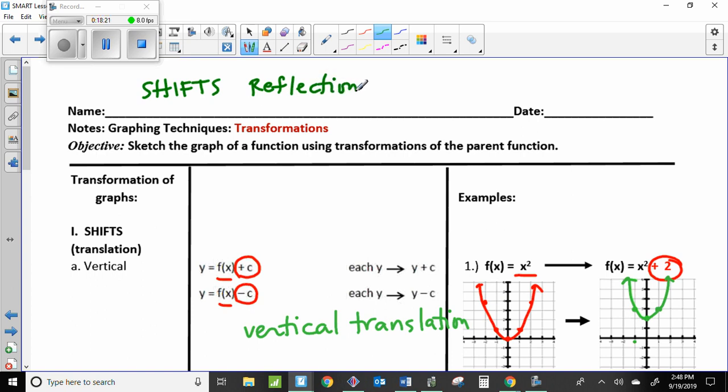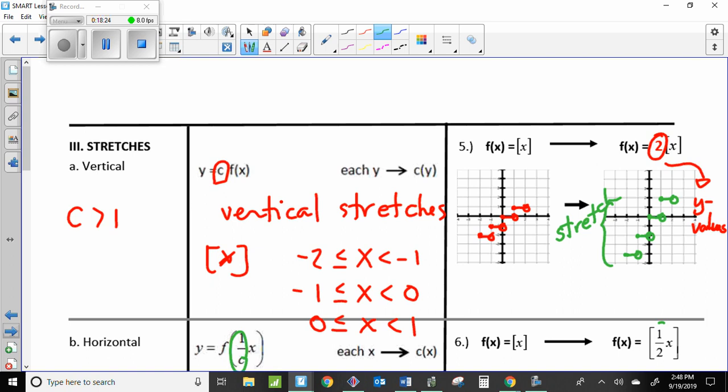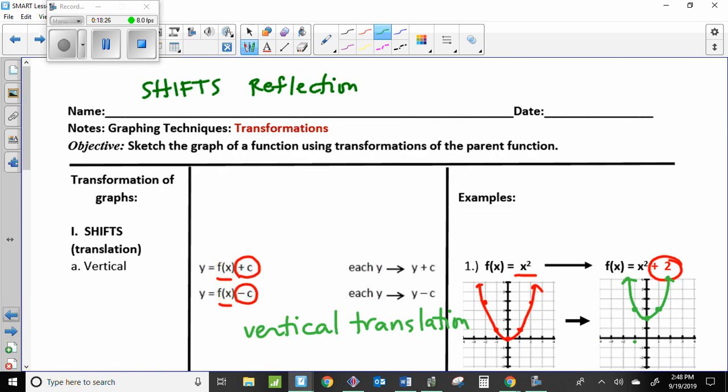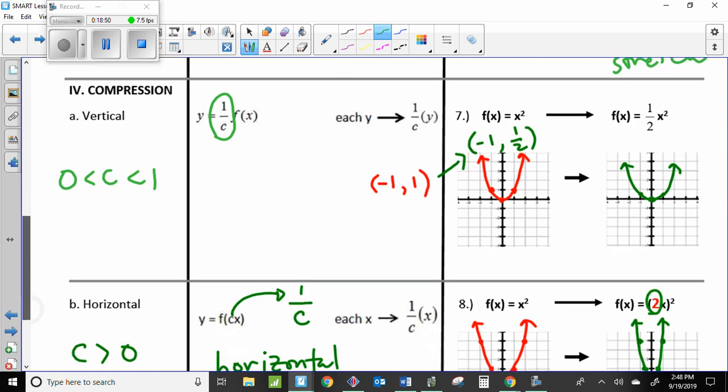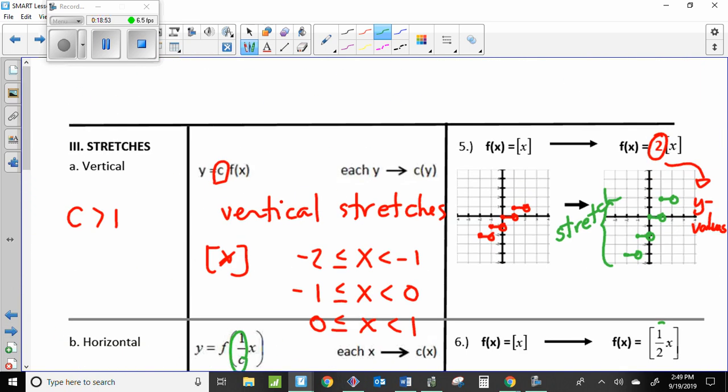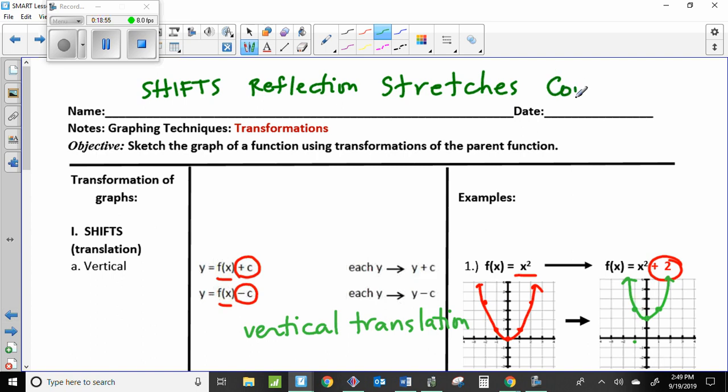The third one is stretch, vertical or horizontal stretch. And the last one is compression.